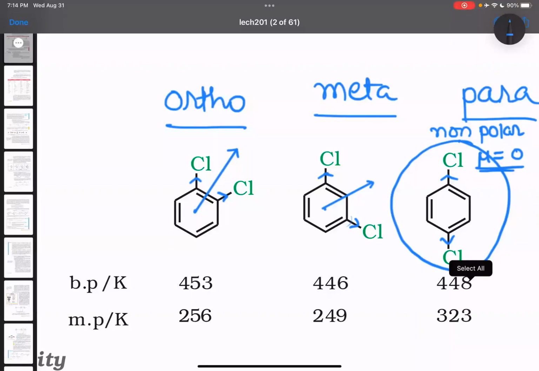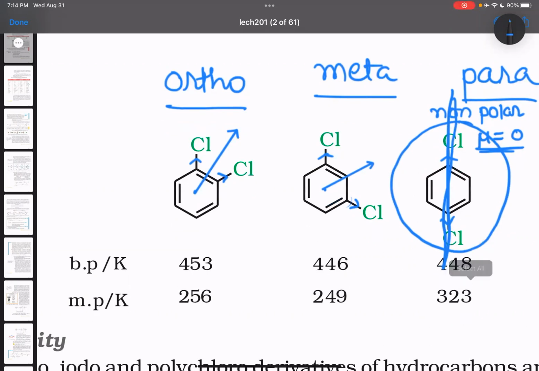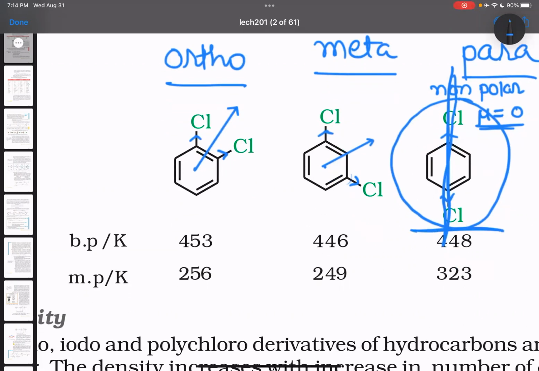Yes, the angle is greater and they are exactly in the same line, exactly 180 degrees. If two people try to apply force in exactly opposite directions at 180 degrees, the resultant force will get cancelled, 0. The same concept can be applied here, right? So this is going to be a non-polar molecule.